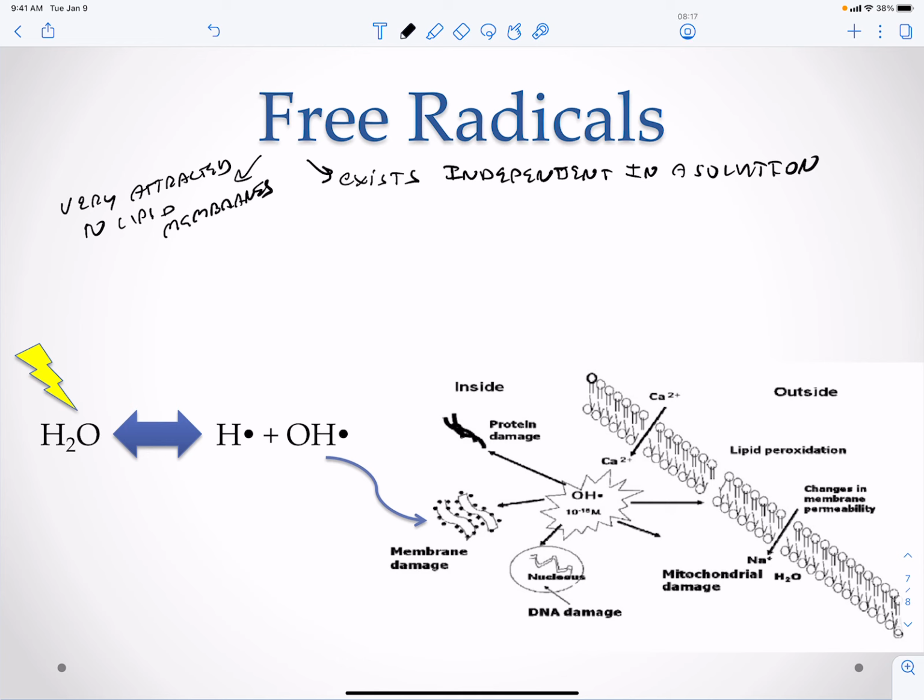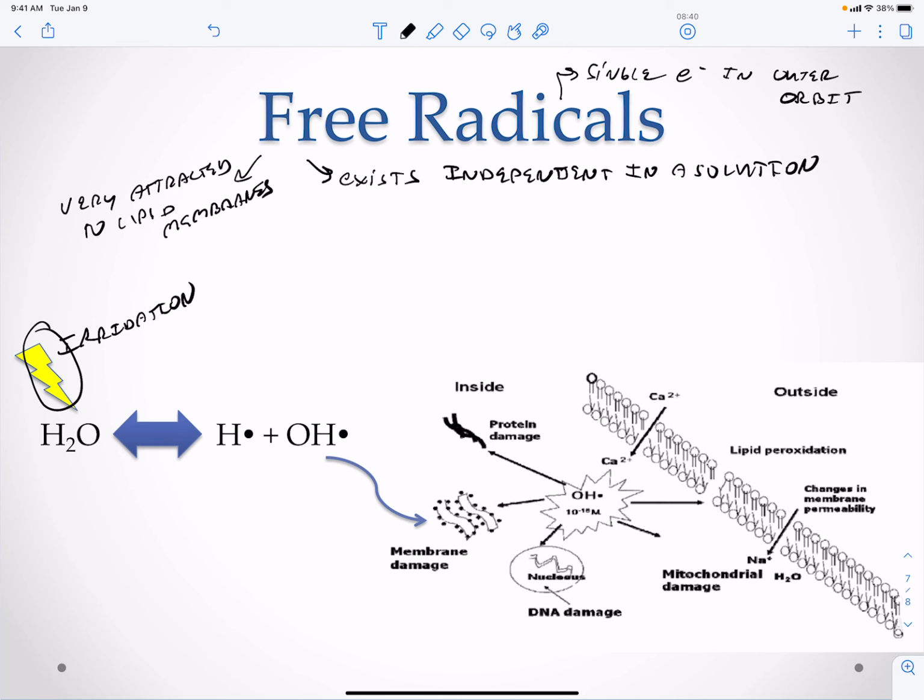Now, free radicals basically are going to have a single electron in an outer orbit. And so these radicals can be made by irradiation or other means.